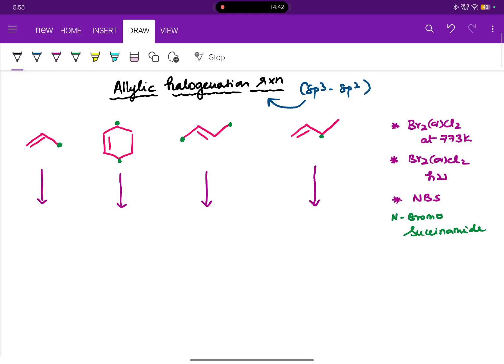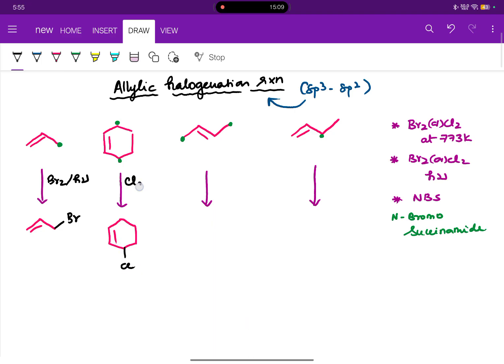You use just bromine in presence of light. So what will happen? At the allylic position, bromine will get attached. Br will be attached. Similarly, here it will get attached.